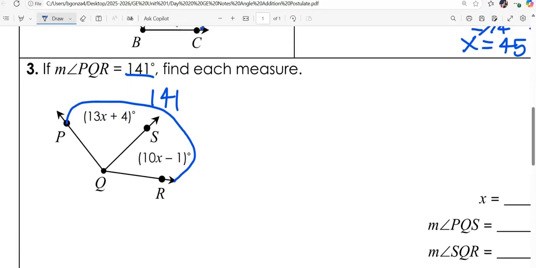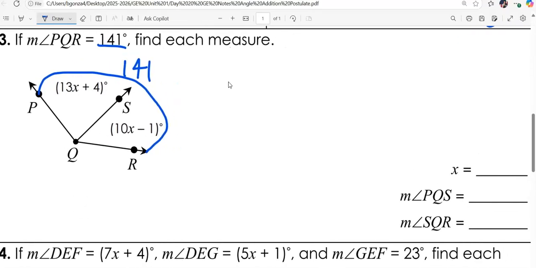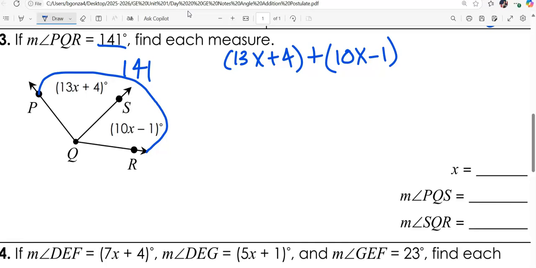Let's do it. So the left part is 13x plus 4. So let's set this up. 13x plus 4, the left part, plus 10x minus 1, the right part, equals the whole thing, 141. You cannot mental math this, so make sure you show all your work, okay?